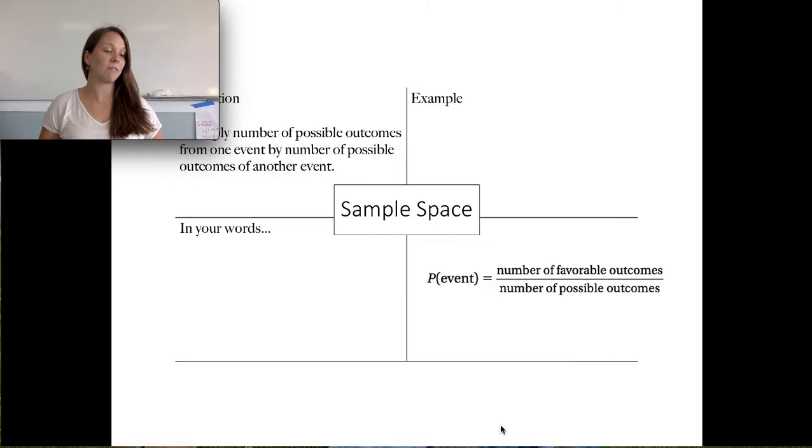Starting off, I have a little bit of a typo in our notes, so please bear with me as I go through and fix those. So the first, this first definition should not be for sample space. It should really be for fundamental counting principle.